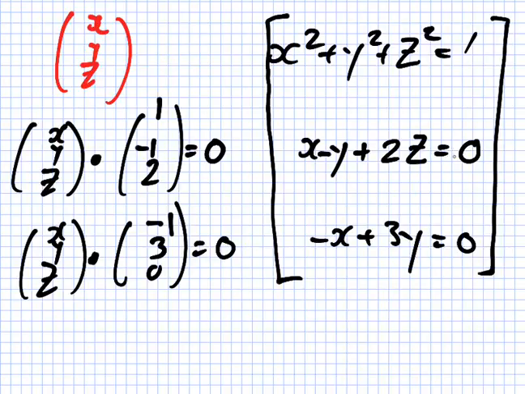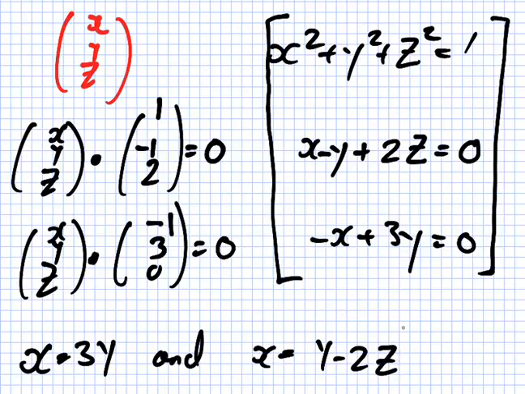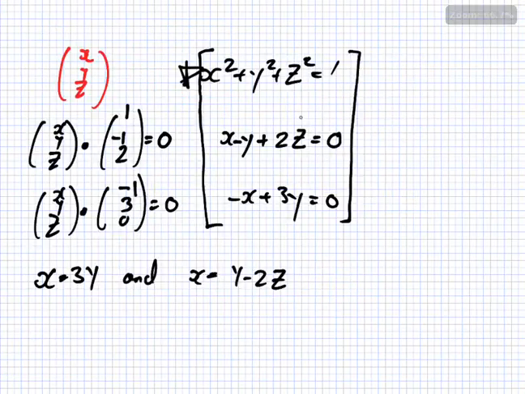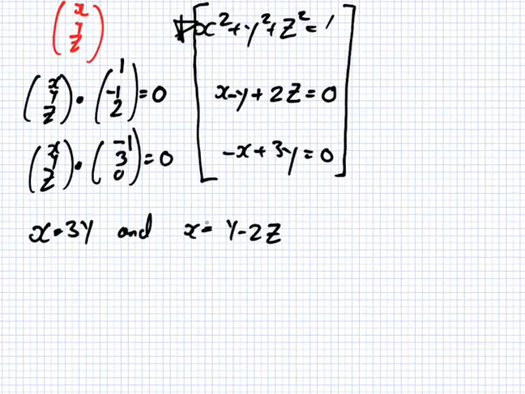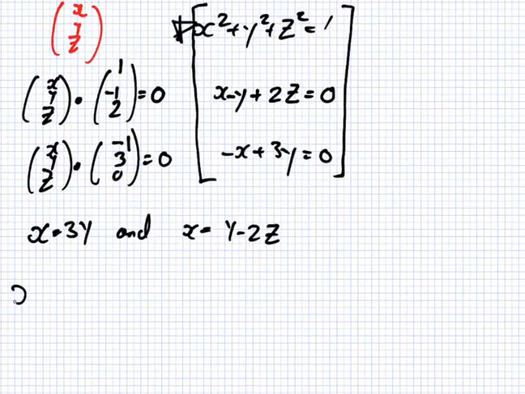Okay, so I think we maybe want to do something with the x or the y. I could get x from the second and the third and put it into the first. So from the last one, I can have x equals 3y and x equals y minus 2z. And I can put that into the first one. Replace them. Substitution. So now I get x squared.